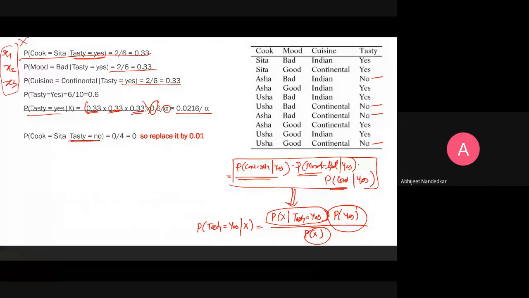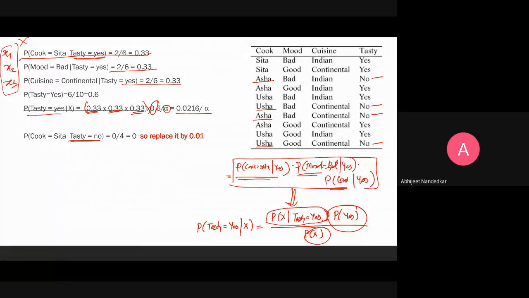Okay, so these are I think 4 samples where taste is no. Now let us check for cook equal to Sita. So this is Asha, then this is Usha, Asha, and Usha. So as such, there is no data for Sita, so I should write there 0.